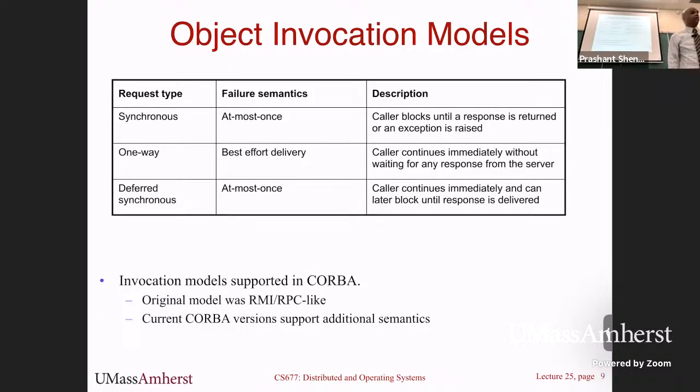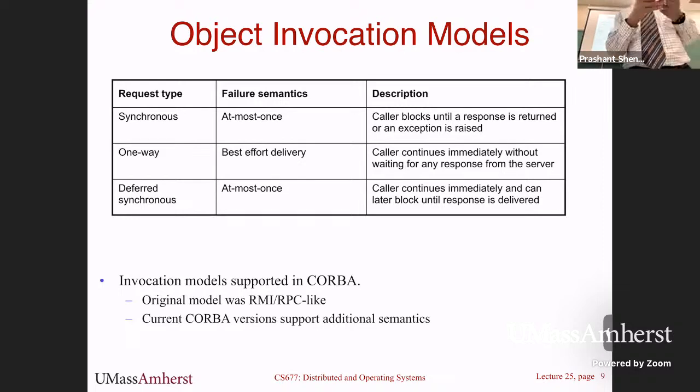And if you remember when we were talking about RPCs, I mentioned that you can have synchronous RPCs, one-way RPCs, deferred synchronous RPCs, and so on. Corba supports all of those models. When you make an RPC request in Corba, you have to specify this is a synchronous call where the client is going to block and wait for an RPC reply.